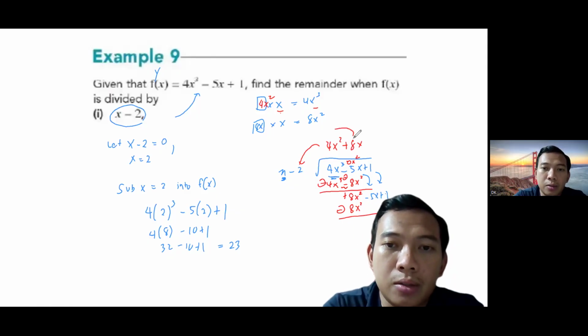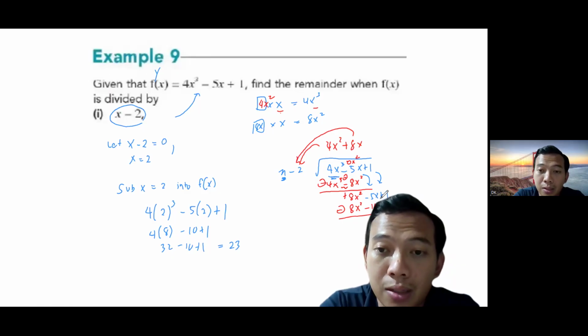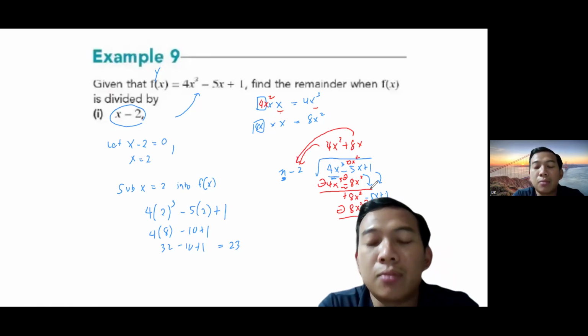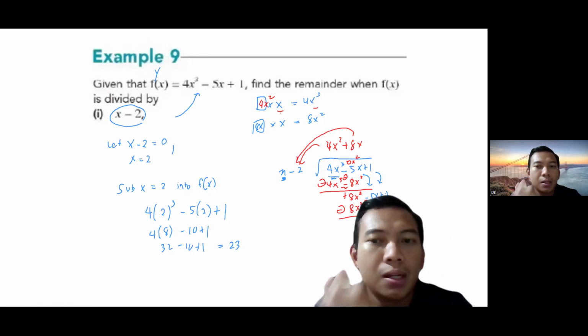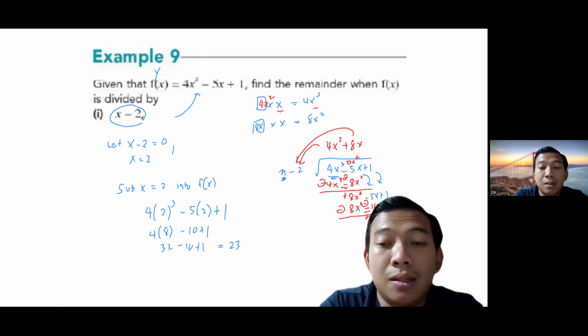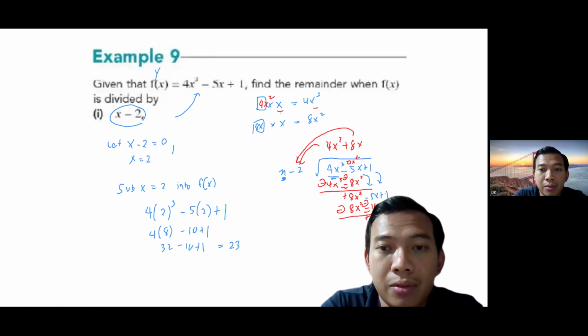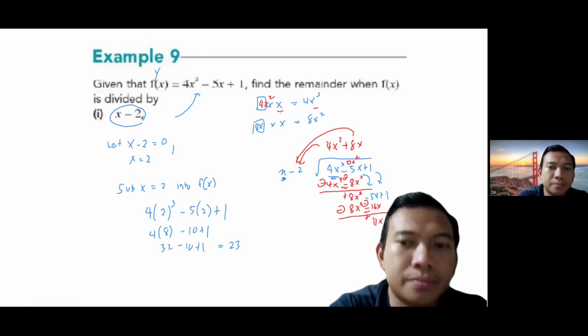Then don't forget there's a minus 2 you have to multiply with: 8x times minus 2 gives you minus 16x. Then minus automatically comes out, so minus 5x minus minus 16x becomes plus: minus 5x plus 16x, you get 11x. Then don't forget, the plus 1 comes down.